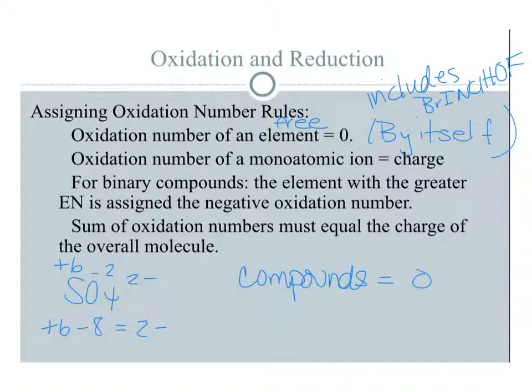For example, CCl4, chlorine is -1. There's 4, so that's a -4, so carbon had to be +4. So +4 and -4 equals 0.